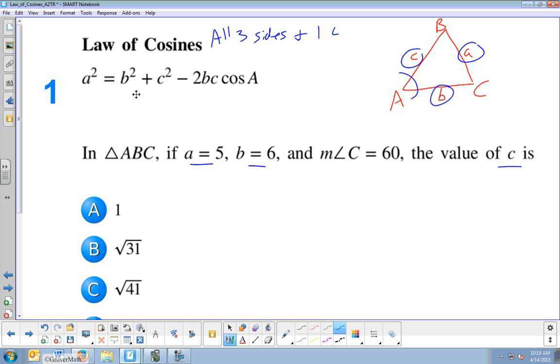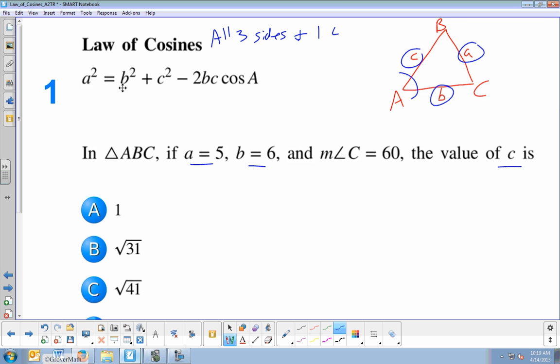And just like when we did the area of a triangle, where it was ab sine C, we learned that it doesn't have to be A, B, and C. It could be hq sine R. It doesn't matter what the letters are. It just had to be two sides and the angle included. Well, what matters here is it has to be all three sides and one angle, but that one angle has to be opposite a specific side.